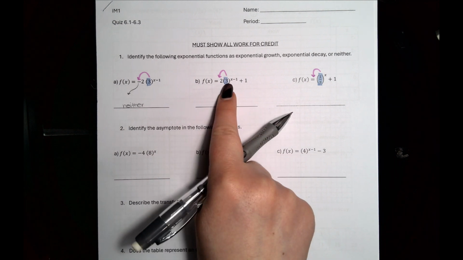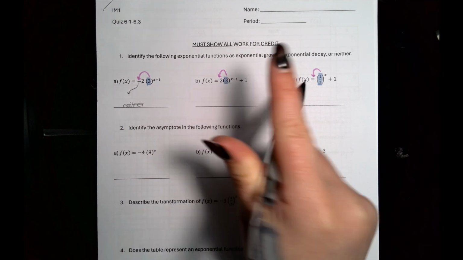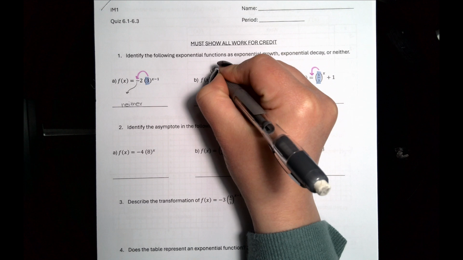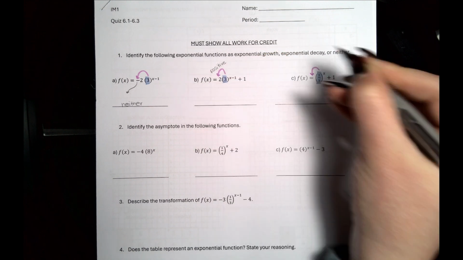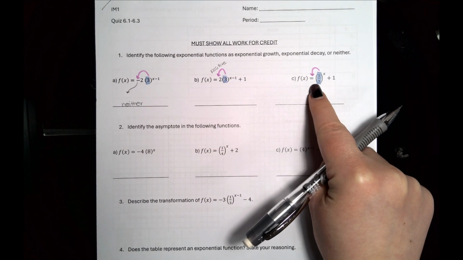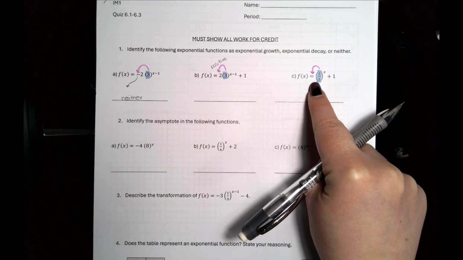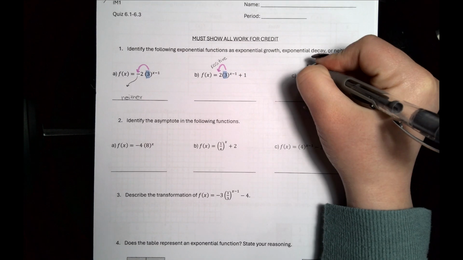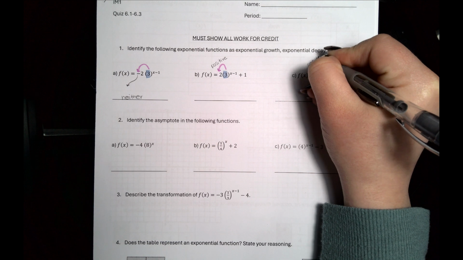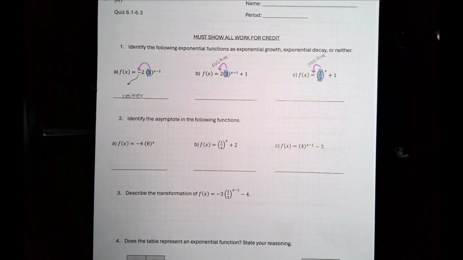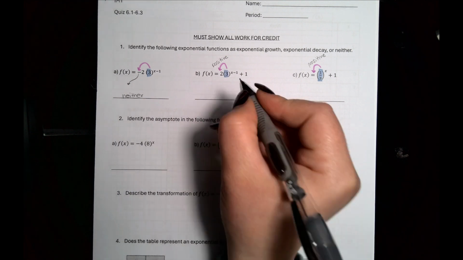If we take a look at our B value here and our A value, we notice that the A value is positive. Here, we take a look at the B value and our A value is technically missing. If it's missing, our A value is 1, so this is still a positive value. When your A value is positive, then exponential growth or exponential decay will depend on your B value.